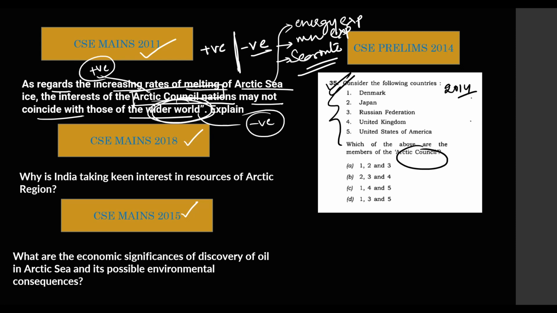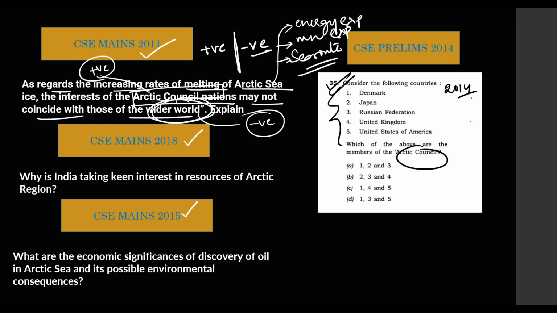If you have read India's Arctic policy, in the very first page, it talks about the adverse impact of melting of Arctic ice on the global climate, particularly on India. If you go through the very first page, it has that.